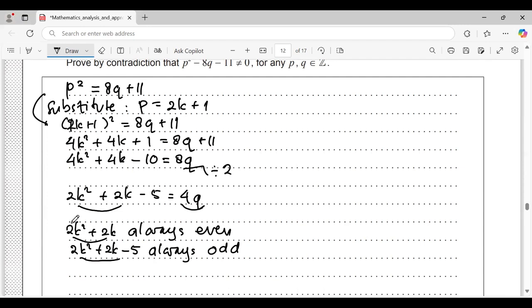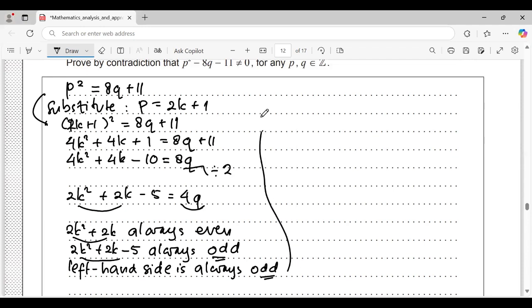But if this even number, 2k squared plus 2k, has 5 subtracted, the result will always be an odd number. So the left-hand side is always odd.